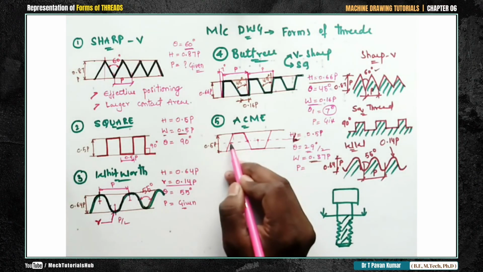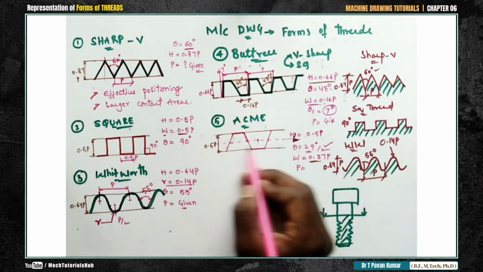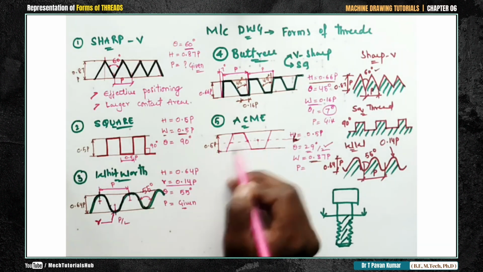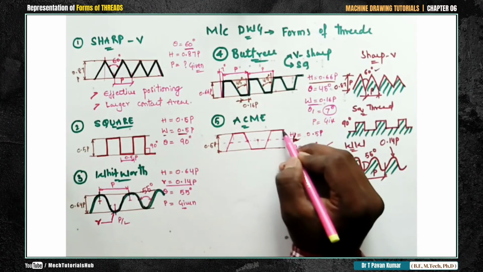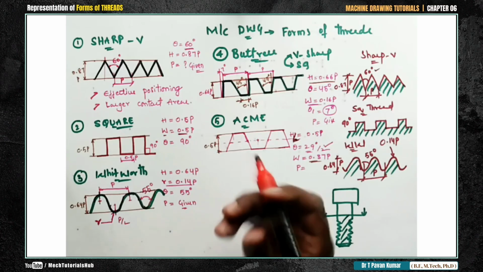Okay, now try to specify all the dimensions. Height we know already, and the angle is 29 degrees in between. Draw this dimension curve also with a compass. Okay, this distance is 0.37p. Pitch value, now you can easily show the pitch value also.